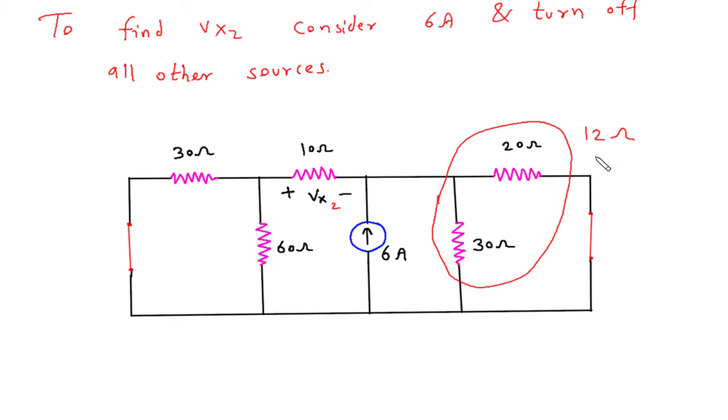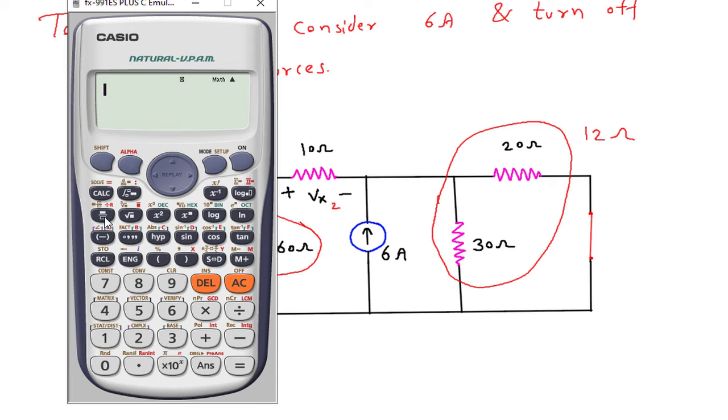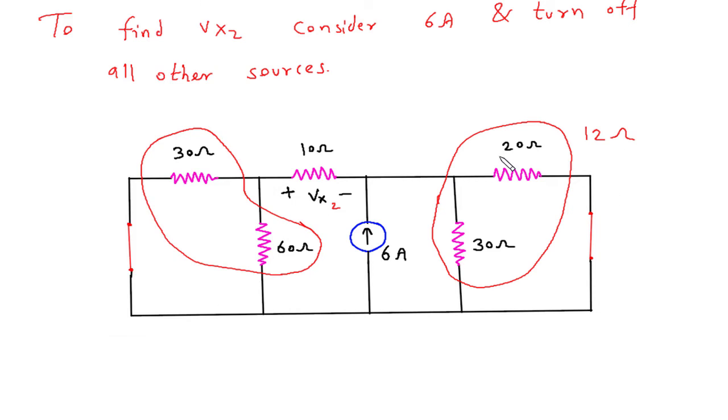Also this 30 ohm in parallel with this 60 ohm is 30 into 60 by 30 plus 60, so it is 20 ohm.